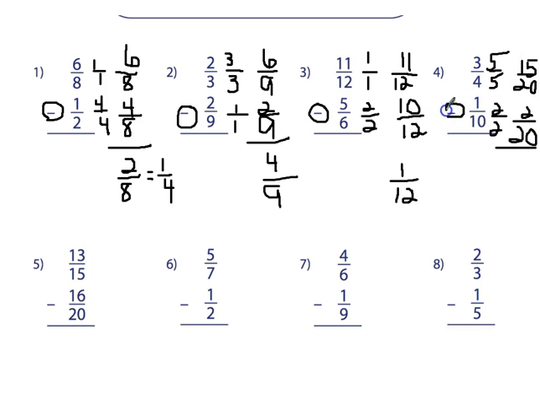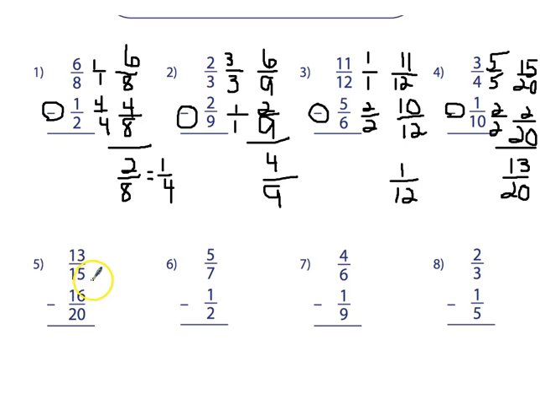And 10 times what number is 20? Well, that's 2. 1 times 2 is 2. I'm subtracting. 15 subtract 2 is 13. And I have 13 twentieths. And can I reduce 13 twentieths? Well, no. There's no number that goes into 13 and 20 evenly, so I'm in lowest terms.